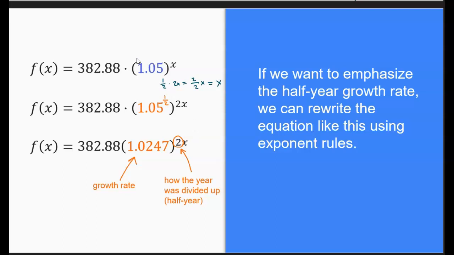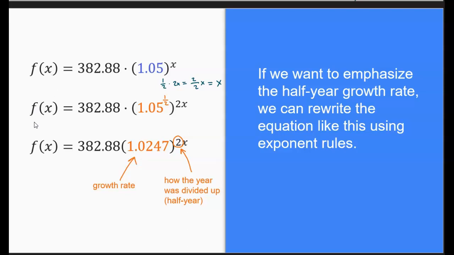This statement right here is the same thing as this statement. These are equivalent equations. But we've separated it out so that we can see the half-year interest rate. Remember, this was the half-year interest rate we calculated in that previous step. And we can actually resolve that, right? We put that in our calculator and get 1.0247.